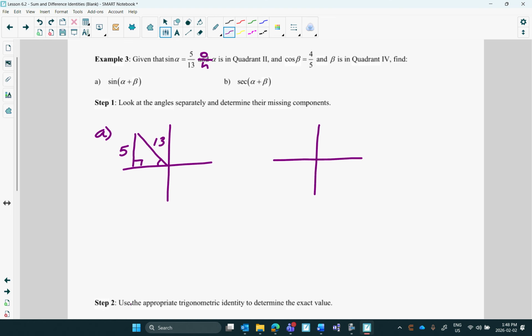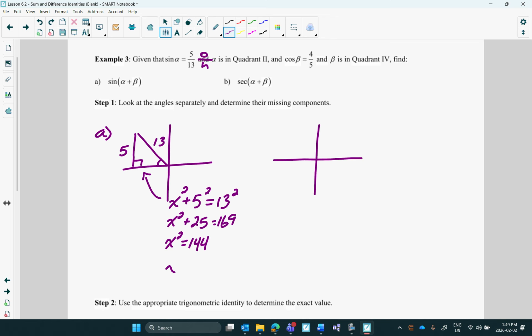And since I know 2 of the 3 sides, I can find the third one, x, by Pythagoras. This is x, y, and remember we always call the hypotenuse r. So it's going to be x squared plus 5 squared equals 13 squared. x squared plus 25 equals 169. x squared is going to equal 144.